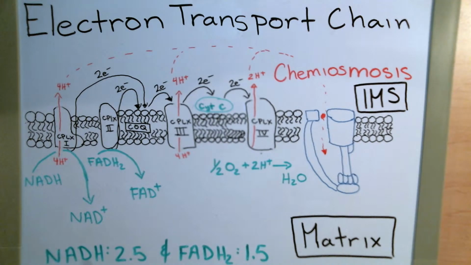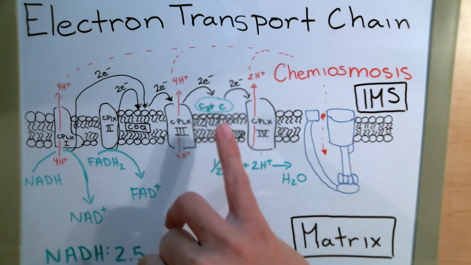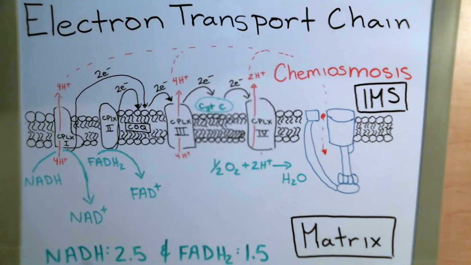And the only electron carrier that you need to worry about is cytochrome C, which Dr. Bazan will cover in lecture, but you guys will also look for in your biochemical lab when you do the oxidase test. At the bottom we can see that we have our 2 high energy yielding molecules. NADH, which generates 2.5 ATP for every 1 molecule, and for every 1 molecule of FADH2 we get 1.5 ATP.